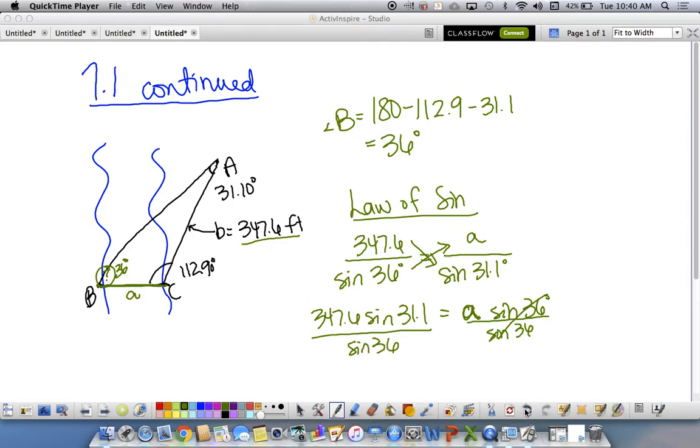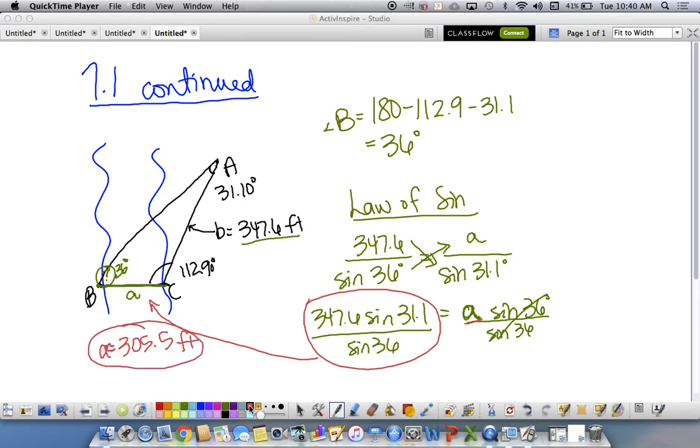And then I will plug this whole thing into my calculator to solve for side A. When you plug that in your calculator, did everybody get 305? When we round, we get 0.5. So side A, right here, is 305.5 what? Units matter? Yep. Feet. It's approximately because we have rounded.